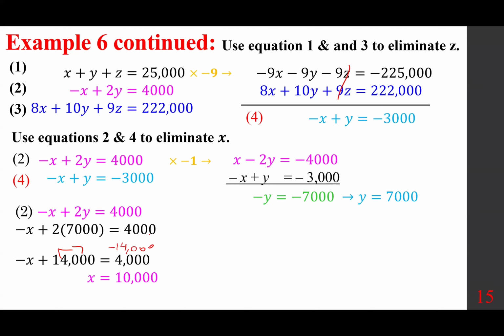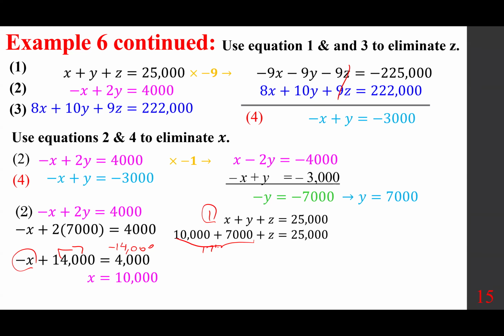You get minus 10,000. Minus x is minus 10,000. Positive x is positive 10,000. We use the first equation to find the z. These two add up to 17k or 17,000. So minus 17k or 17,000. z becomes 8,000.